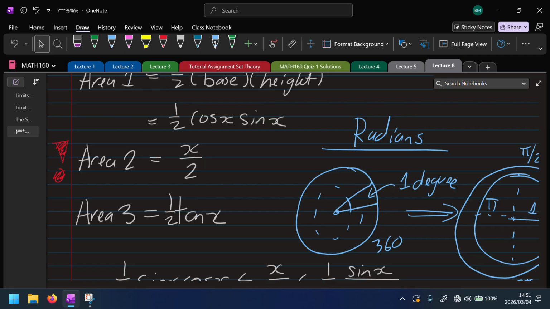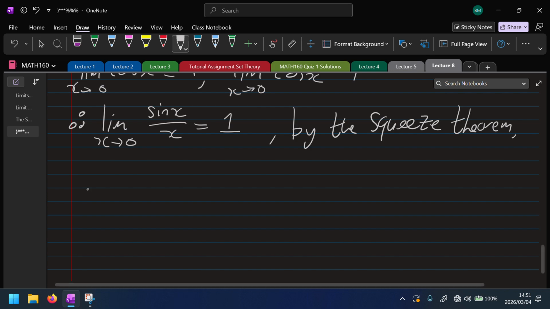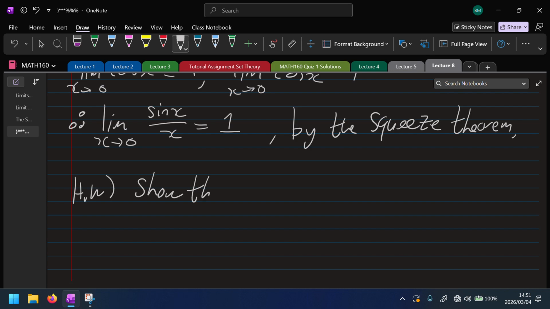So homework: show that the limit as x goes to 0 of sine x over x is pi over 180 when using degrees.